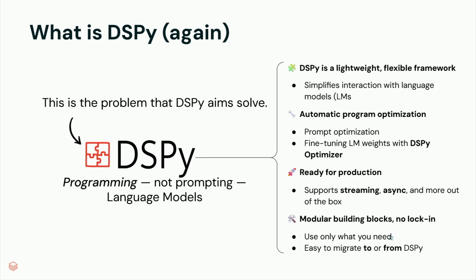DSPy provides you automatic program optimization. We do prompt optimization, and we can also fine-tune the LLM weights behind the scenes through something called the DSPy Optimizer. And DSPy is ready for production. We have streaming, async, and high-concurrency cache out of the box so that you can focus more on building custom logic. This may not make sense to people right now, and after the talk, I hope it makes more sense.